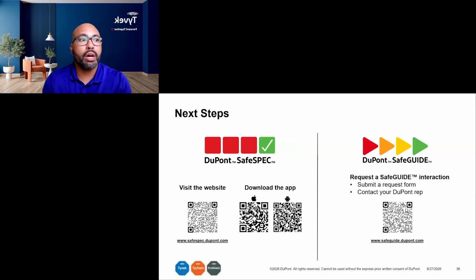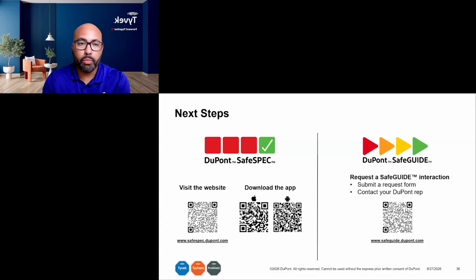If you need help, please connect with one of DuPont's regional sales managers or one of our CIHs for training or guidance. Secondly, schedule a time for your SafeGUIDE assessment. Partner up with a DuPont regional sales manager, a DuPont national account manager, or a DuPont CIH like Mark, and schedule a SafeGUIDE assessment.